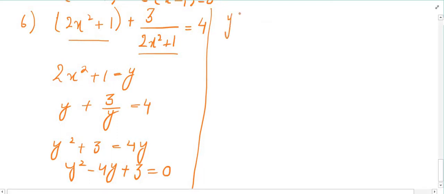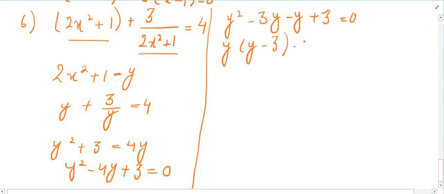It becomes y squared minus 3y minus y plus 3 equals 0. y common, y minus 3, minus 1, y minus 3 equals 0. This is y equals 3 and y equals 1.